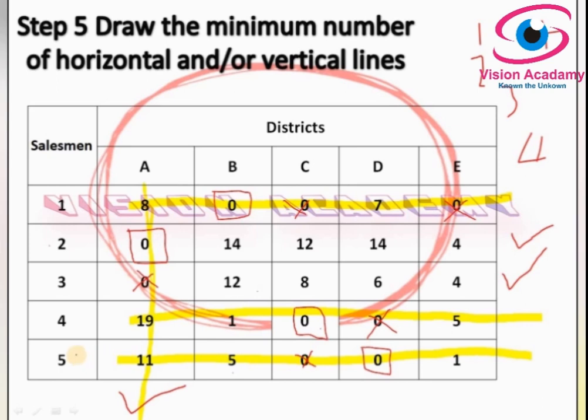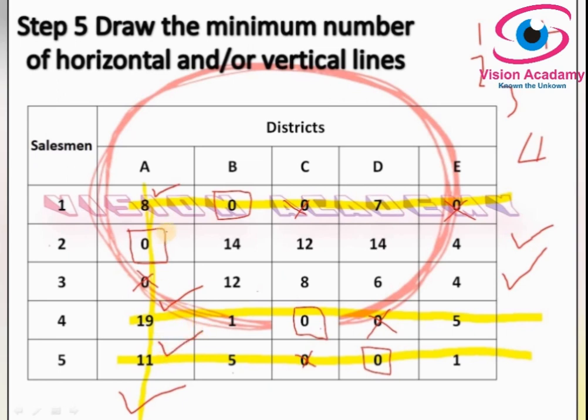And one more thing, other elements covered by lines must not be changed, and at the intersection you should add. At uncovered area you should subtract, at intersection you should add. This is intersection. Intersection means the place where two lines are meeting together. 8 is intersection and 19 is intersection and 11 is intersection.